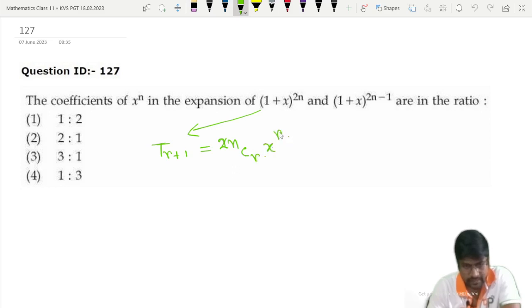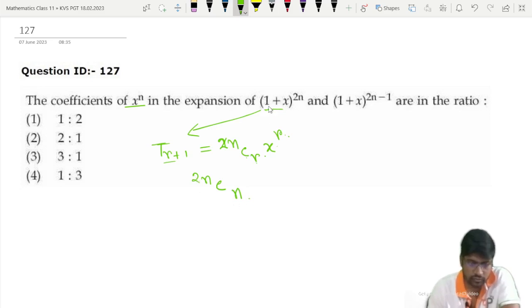So then what is the coefficient of x to the power n in this expansion? This is simply 2nCn, r must be equal to n.